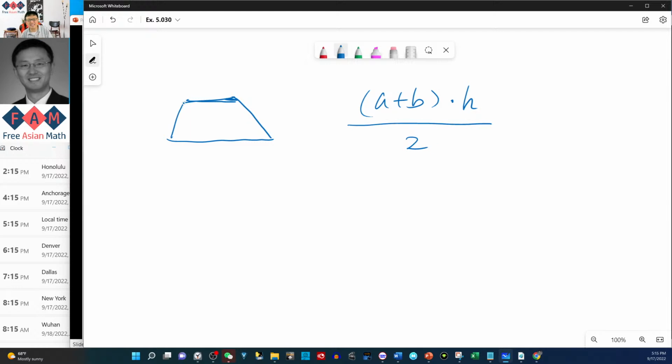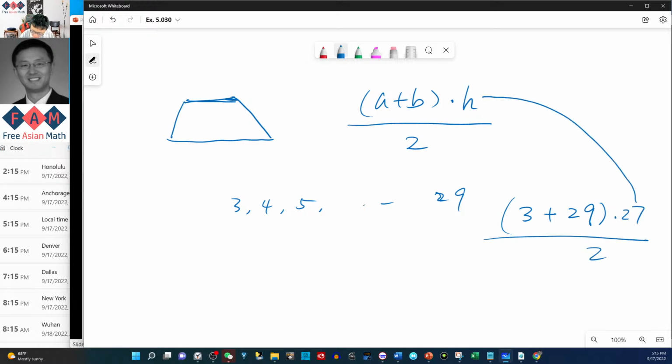And this looks exactly the same as a general Gaussian summation, say from 3, 4, 5, up to any number, say 29. We want to add the first number, 3, to the last number, 29, times the total number of terms in this sequence. In this case, it is 29 minus 3 plus 1, or minus 2, that's 27, divided by 2. And 27 corresponds to this height h, the height of the trapezoid.